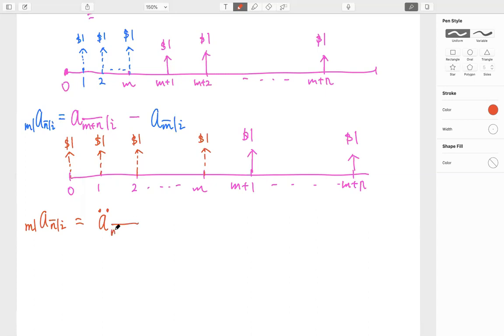How many? N plus 1, right? Again, if you're not sure, look at 0. At 0, you have one payment, right? So the number of payments is the timeline plus 1. At time 1, I have 2 payments, right? 2 is 1 plus 1. At time 2, I have 3 payments. That's 2 plus 1. So it will be the number at the end of the year plus 1, right?